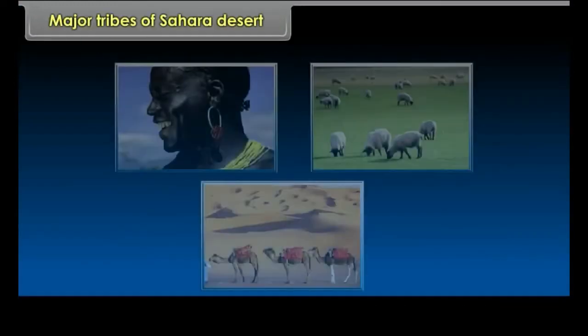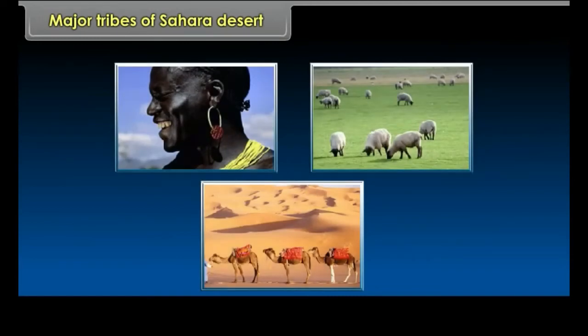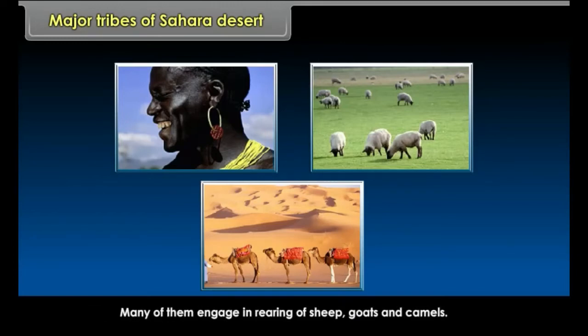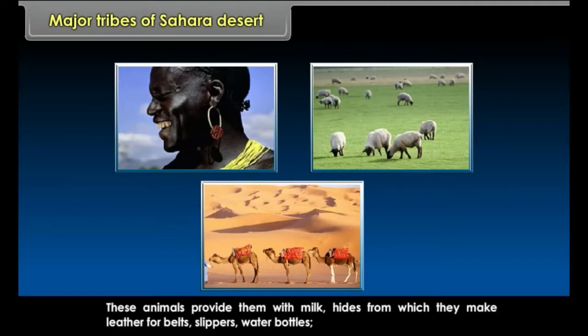Major tribes of Sahara Desert. The Bedouins are one of the major nomadic tribes of Sahara Desert. Many of them engage in rearing of sheep, goats and camels. These animals provide them with milk, and hides from which they make leather for belts, slippers and water bottles.